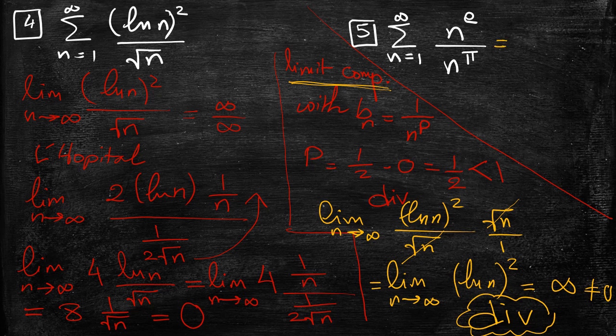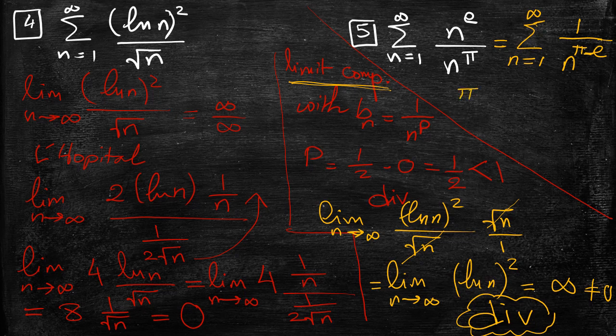What about this small one? It looks trivial. Yes, assuming e and pi are any kind of numbers. So don't forget, it's the p series, and just add all these powers to be in the denominator, to be in the standard form. So 1 over n to the pi minus e. Pi is 3.14 as an approximation, e is 2.7 as also an approximation. So the difference between them is less than 1.